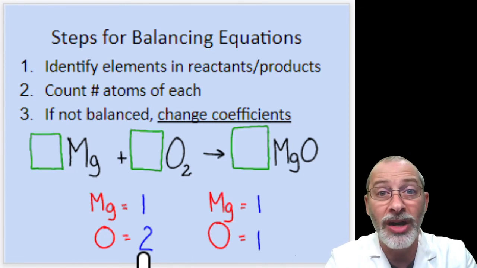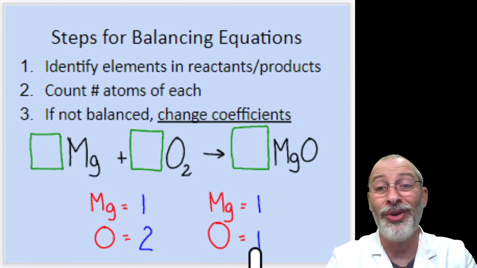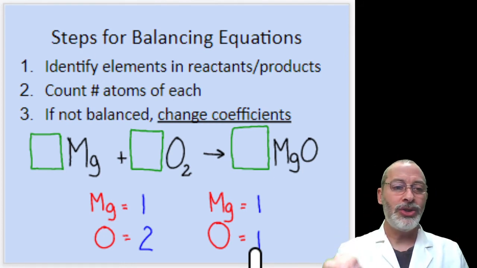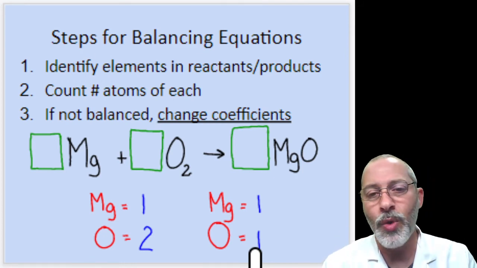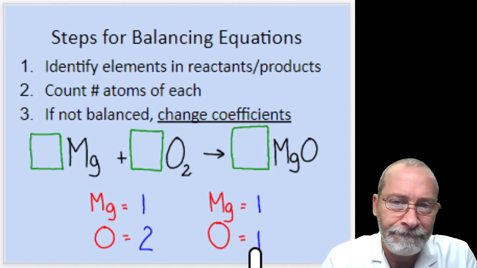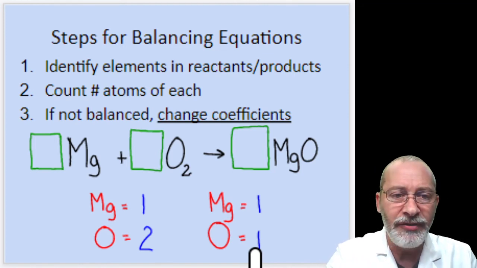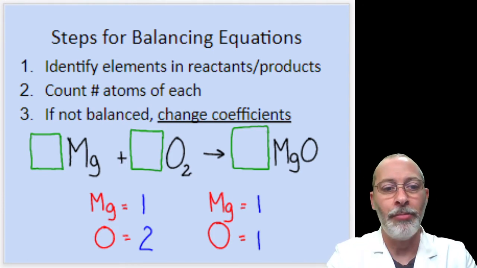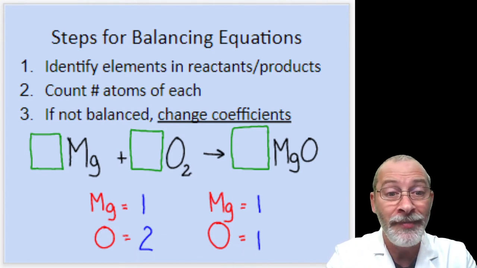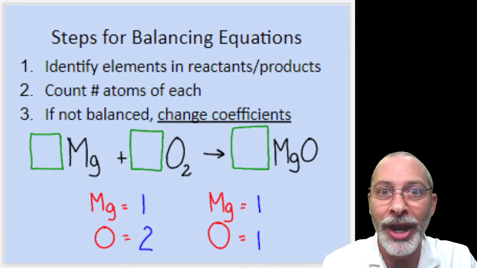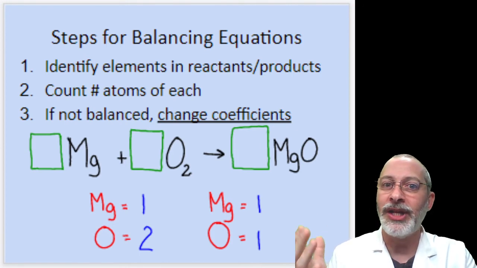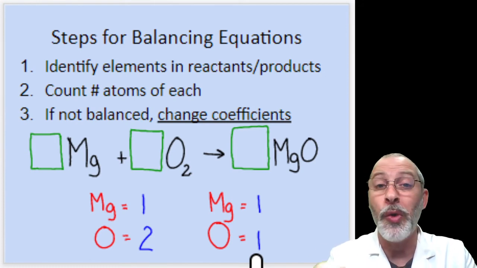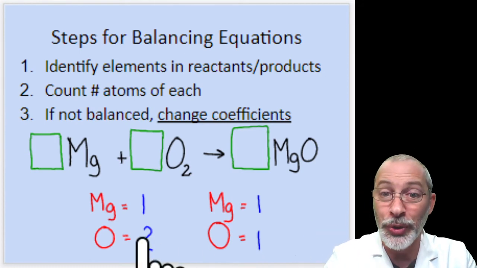We've got 2 oxygens in the reactants and only 1 in the products. So you need to ask yourself the question, on which side of the equation is the smaller number? Comparing the 2 and the 1, which is the smaller number? Hopefully it's clear to you that the 1 is less than 2.